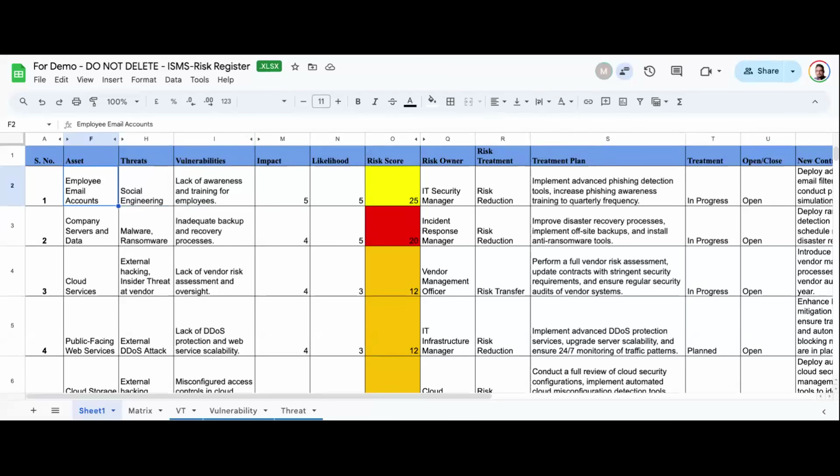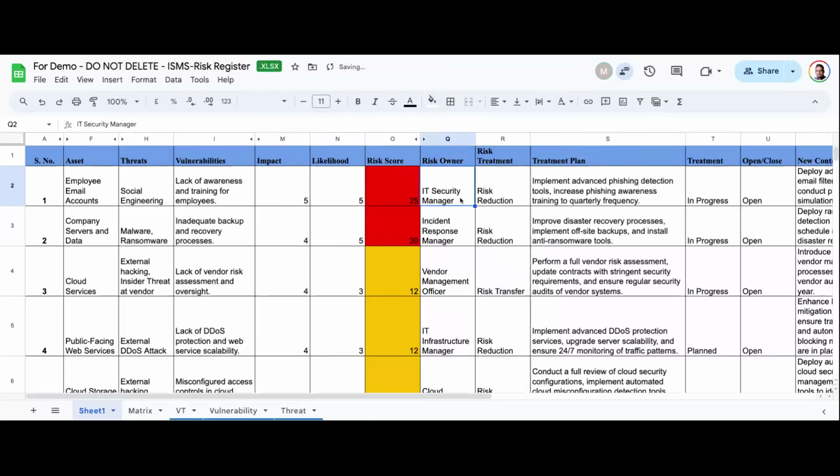So what is the impact in this case? Five, because email IDs are important for an organization, and for some organizations, email IDs are very critical. They never disclose them. So in this case, let's say I have taken a risk score of 25. This is my initial risk score. This has to be red because this is 25, right?